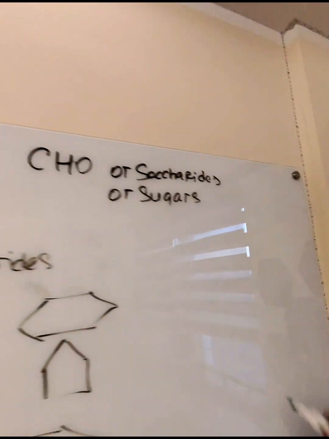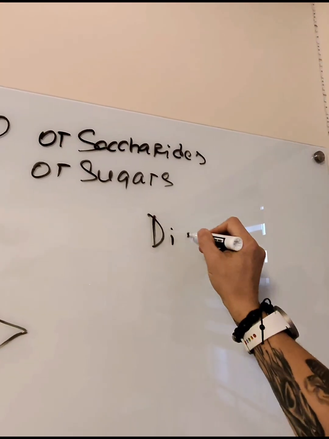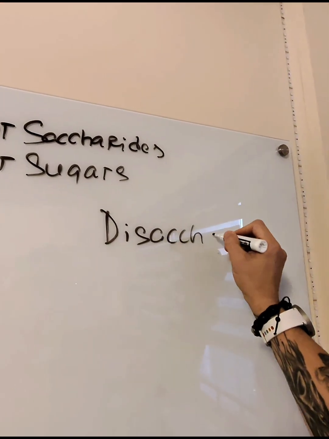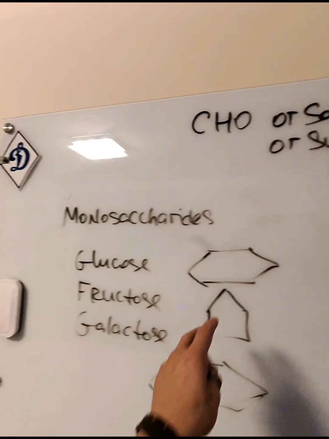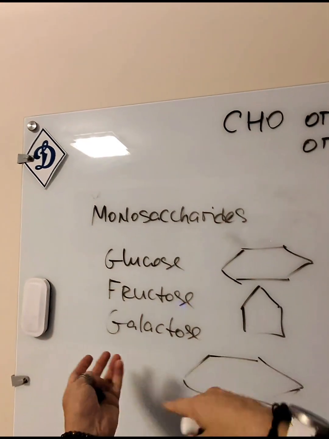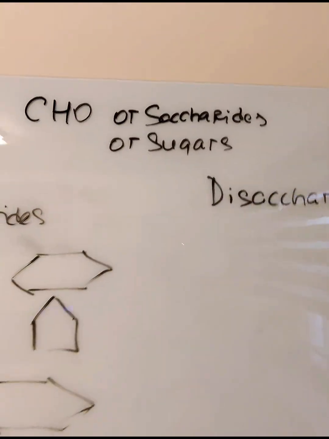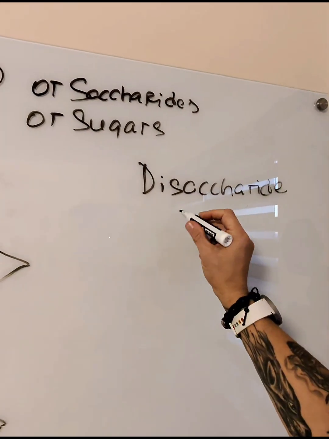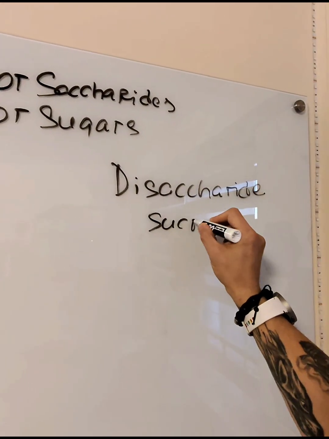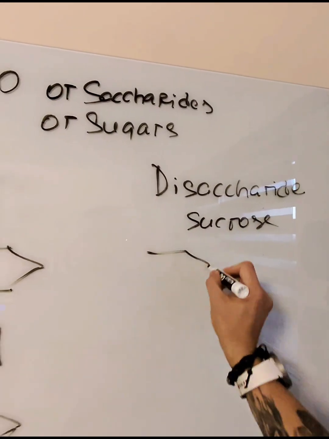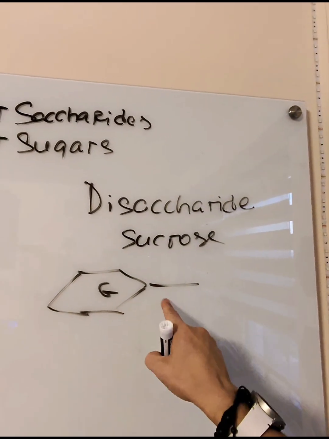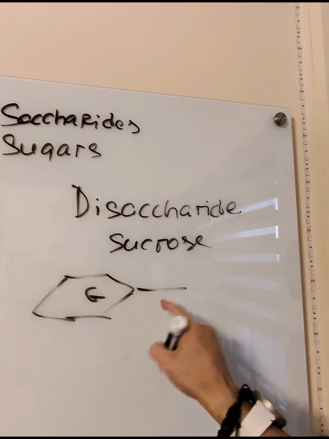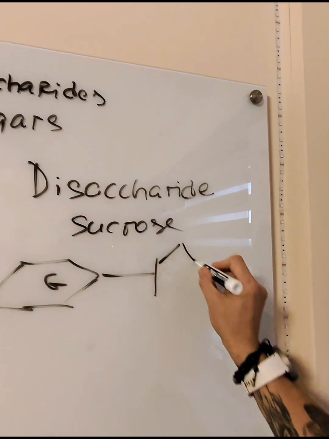So what makes disaccharides? Disaccharides are just a combination of glucose, fructose, and galactose. The famous disaccharide is sucrose. Sucrose is just glucose connected through the glycosidic bond to a fructose.